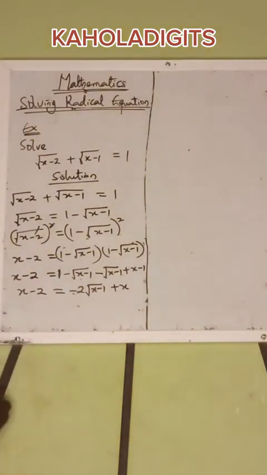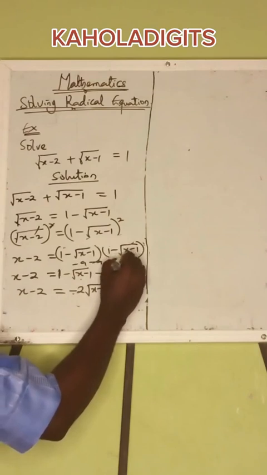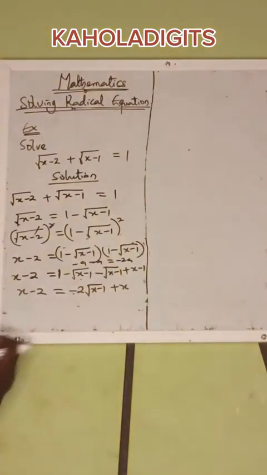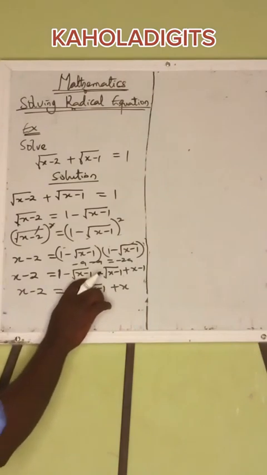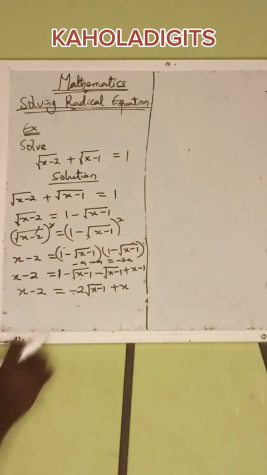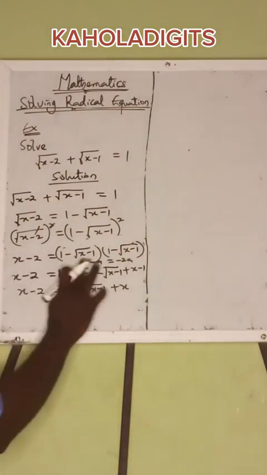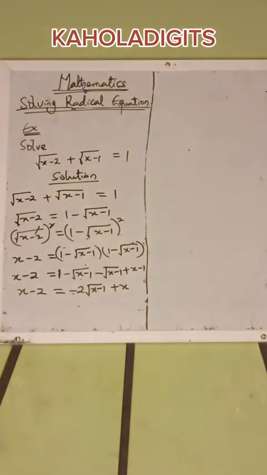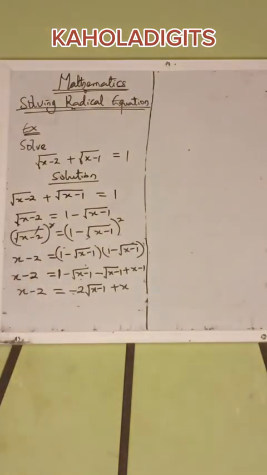Please note, minus a minus a must give us minus 2a, from algebra. Similarly, minus root of x minus 1 minus root of x minus 1 must give us minus 2 root of x minus 1. Alright, then we can now take this plus x to the left hand side of the equation.